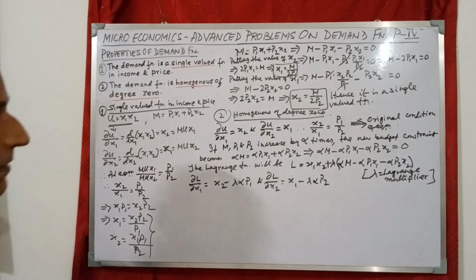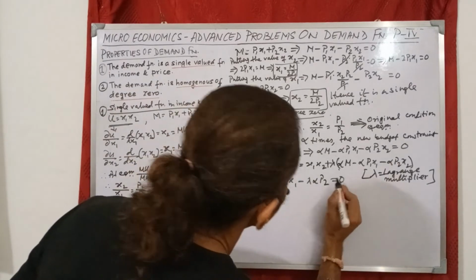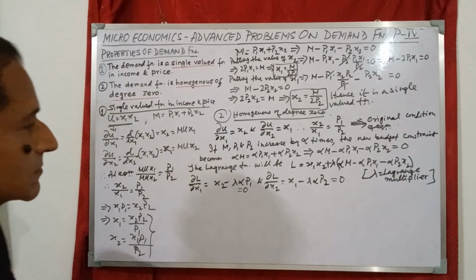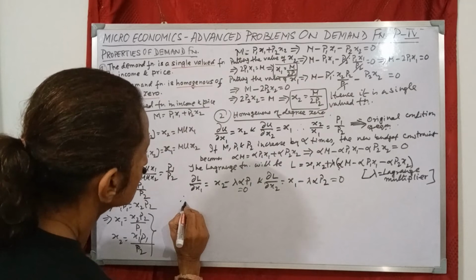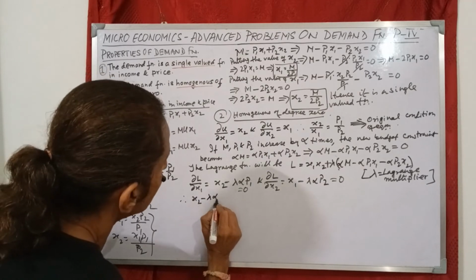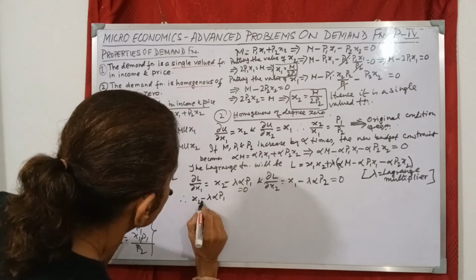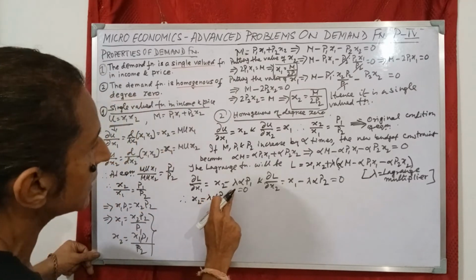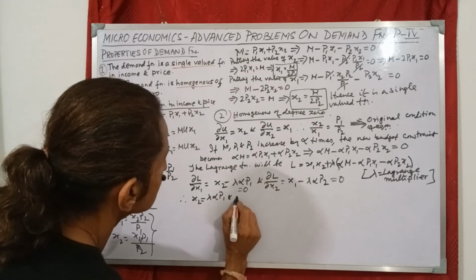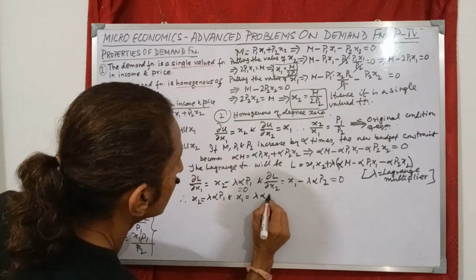Now this is equal to 0 and this is equal to 0. Therefore, x2 equals lambda alpha p1 and x1 equals lambda alpha p2.